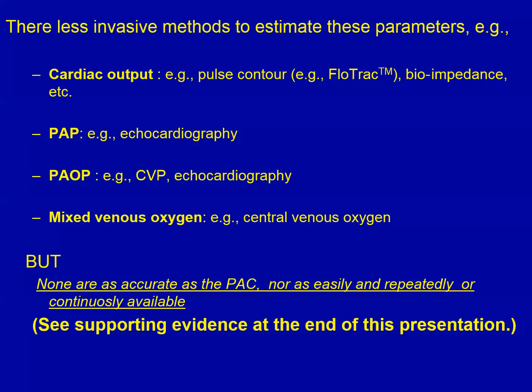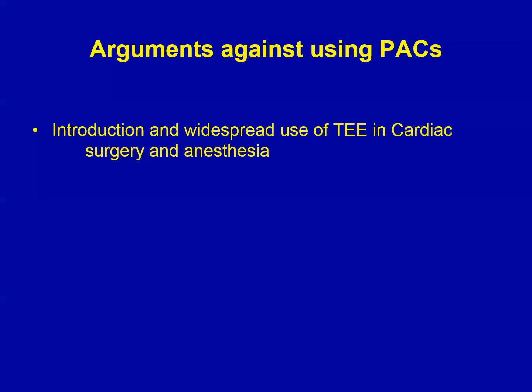There are less invasive methods, as summarized on this slide, but none are as accurate as the pulmonary artery catheter, nor as easily or repeatedly or continuously available. And at the end of this PowerPoint, you can see supporting evidence for this assertion on my part.